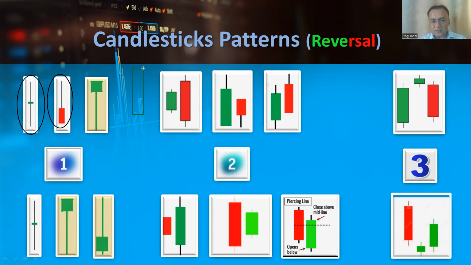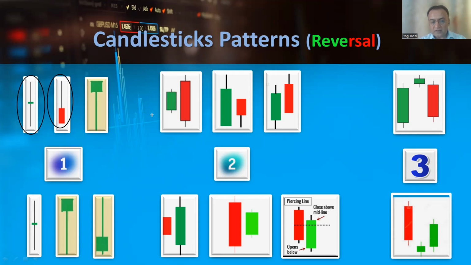But whenever it touches this level, it faces clear cut selling pressure, because sellers are available at the upper side. Sellers don't think that price should go beyond this level, so they are selling this particular script or stock. What happens when supply increases? The candle starts compressing, compressing, compressing, and this is the game here.